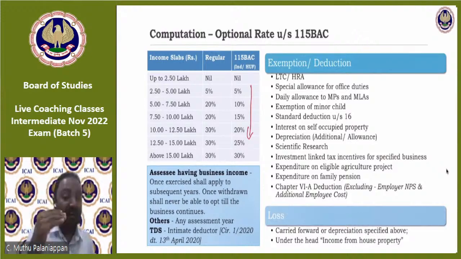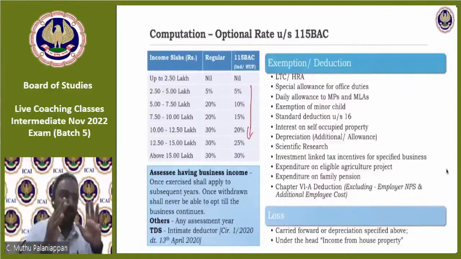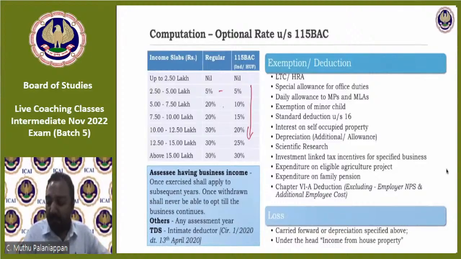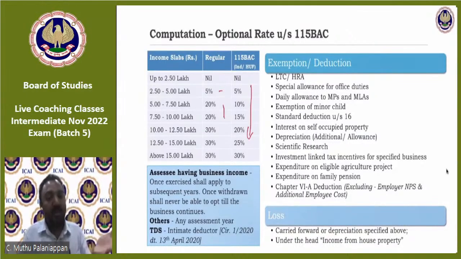But earlier, in the regular regime, what does it say? For the first 2.5, nil. For the next 2.5, it is 5. Then you double. What is double? 5 becomes 10. So 5 to 10 is the next slab, where you are taxed at 20%. Then for the next 10 lakhs, it is 30%. Correct?